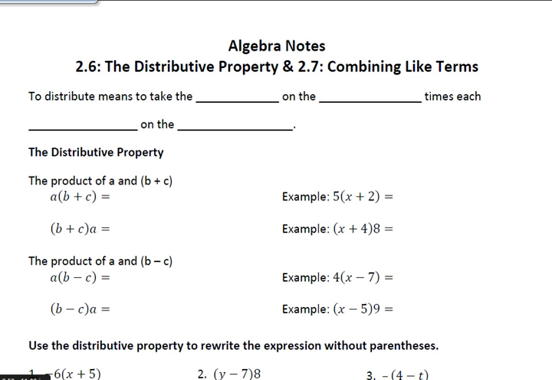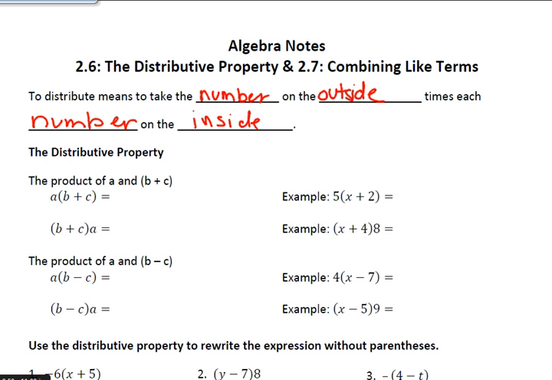So let's start with some definitions so that you can see what the distributive property is, which is where we're going to start. To distribute means to take the number on the outside times each number on the inside.